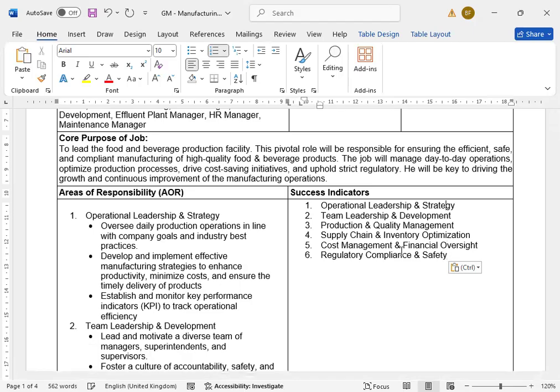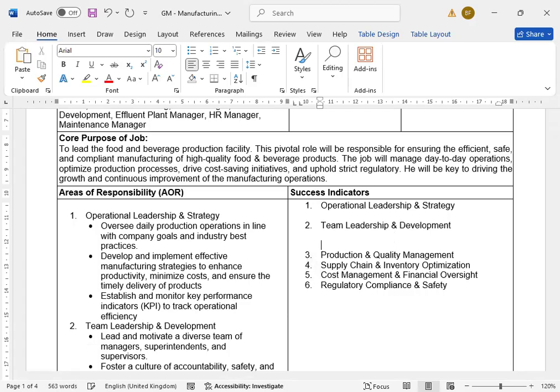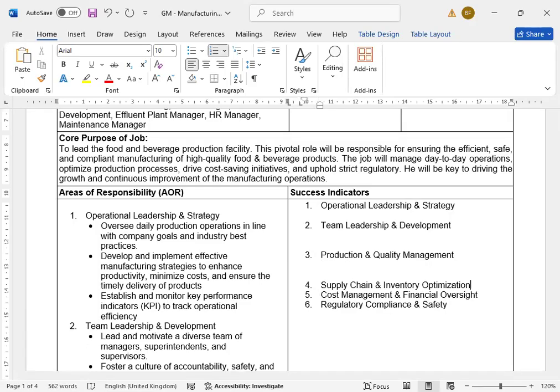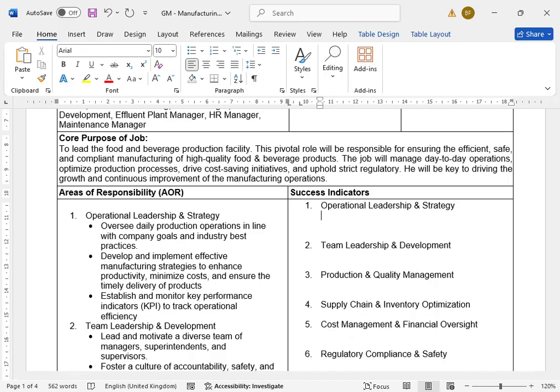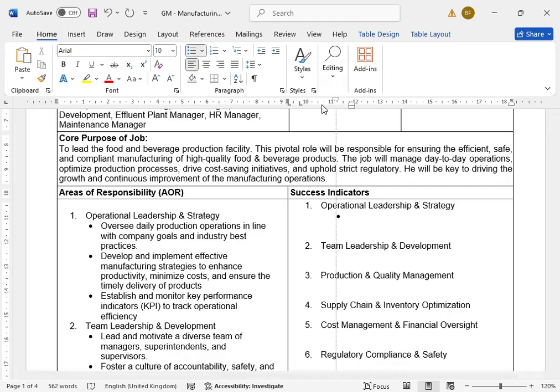Okay, what I'm going to do is put some space in between numbers. All right. Okay, for this one, I'm going to need a bullet again, but I have to adjust this again and this one too.